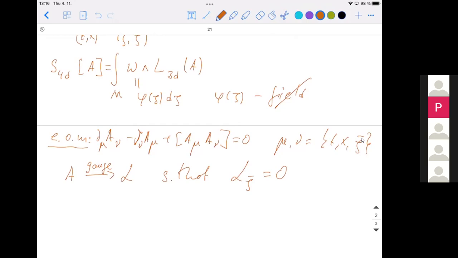So here I just wanted to make the point of what we are going to do. Our point is that we need to do some gauge transformation so that the third dimension, zeta bar, the lambda is 0.